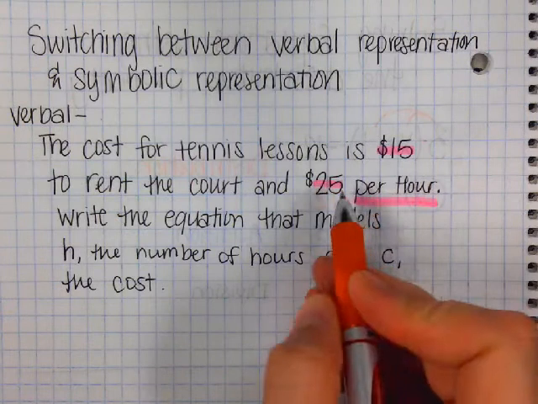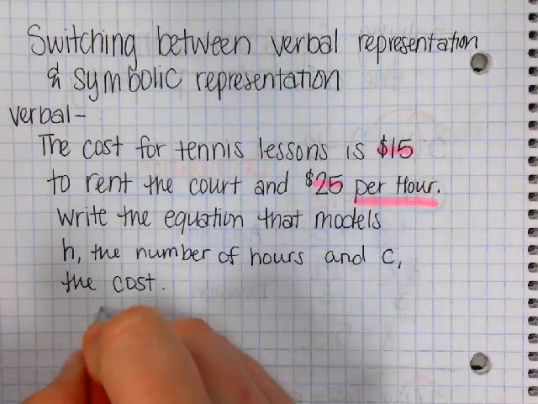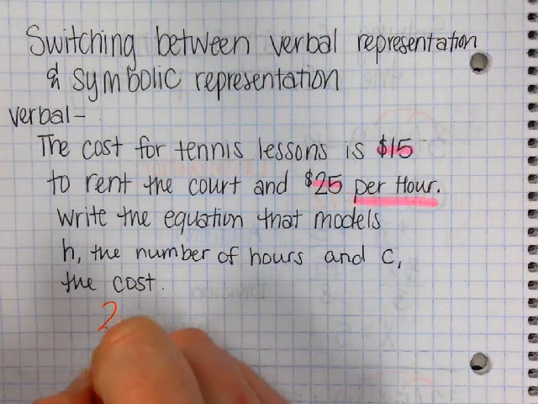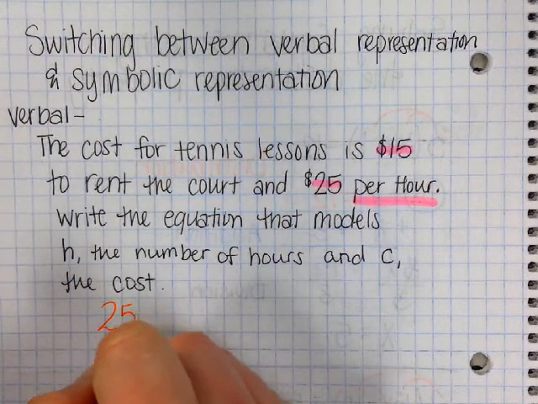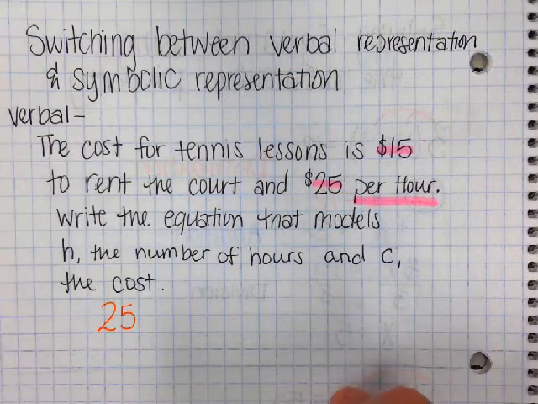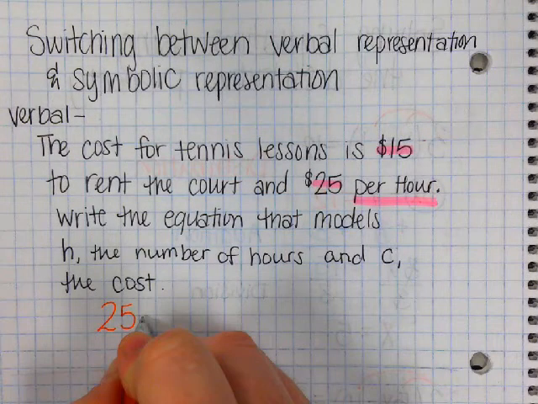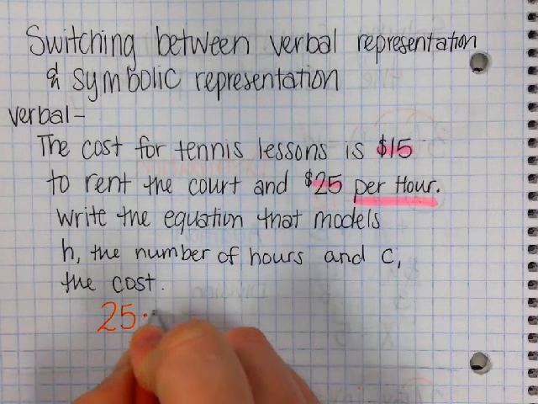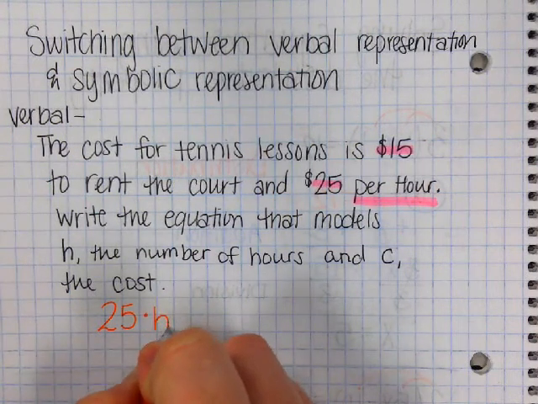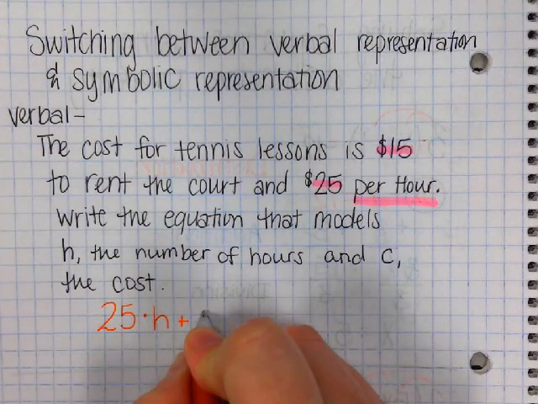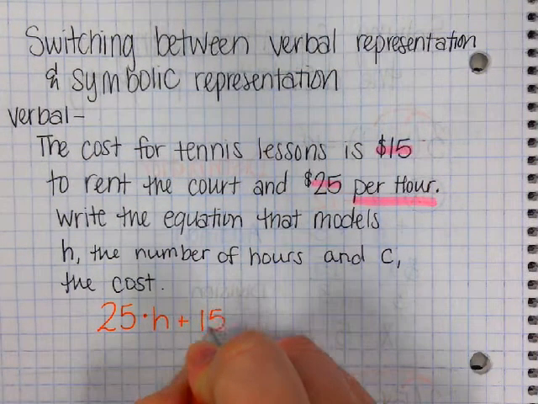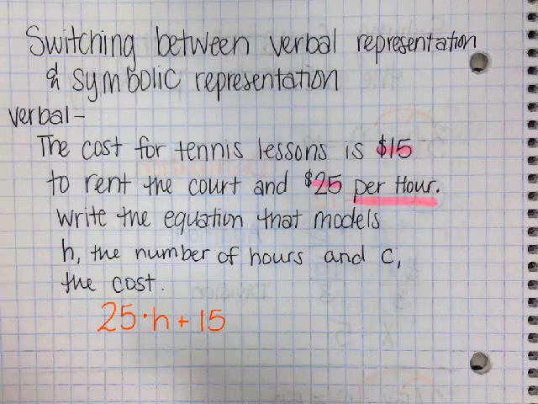But I'm going to write it the other direction. So it's $25 per hour. In order to write per hour, I'm going to multiply it by H, and then I have to pay the court fee, so plus $15.